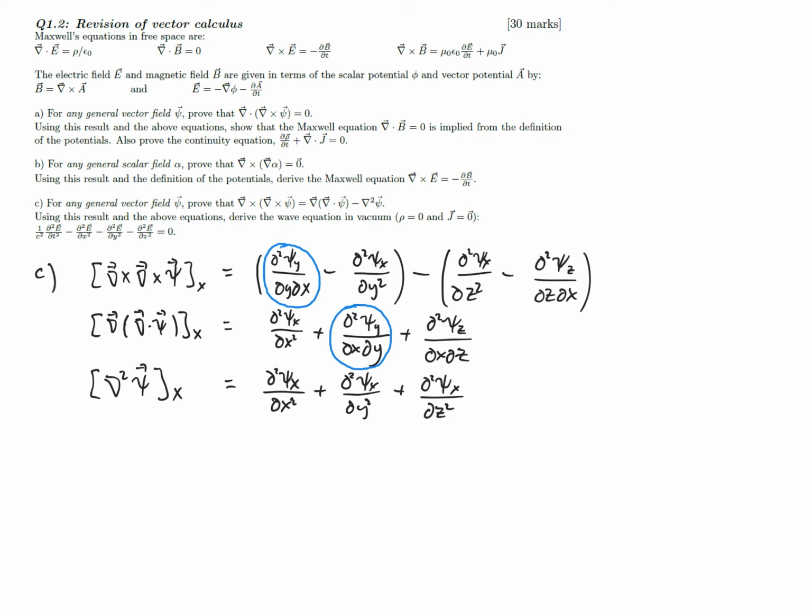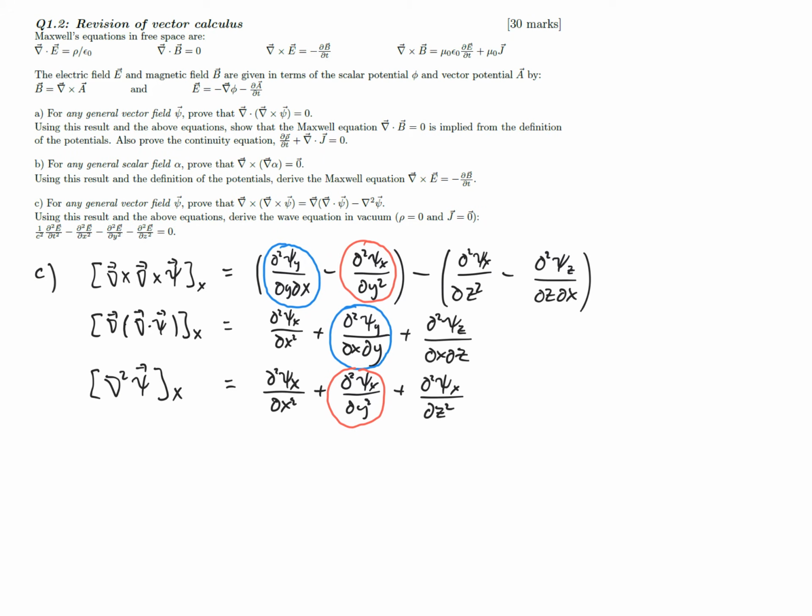So d squared psi y dy dx is equal to d squared psi y dx dy. So they match. What about the next term? We have minus d squared psi x dy squared, and that matches with this term on the right-hand side. Notice, of course, that in the thing we're trying to prove, it's minus the Laplacian, so it's actually minus this term, so the signs also do work out.